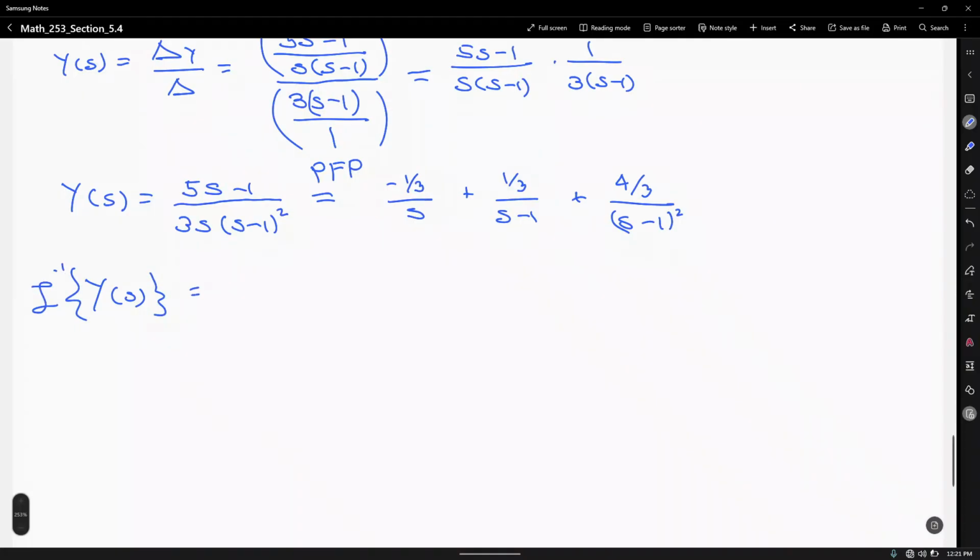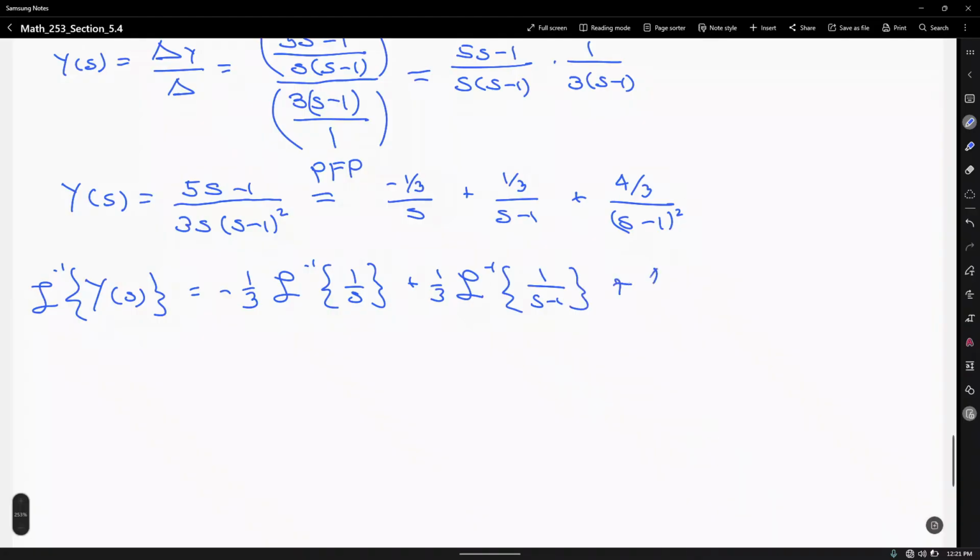Let me do 1/3 first. Negative 1/3 inverse of 1 over s, plus 1/3 inverse of 1 over s minus 1. And again, I would like you to observe the last term.